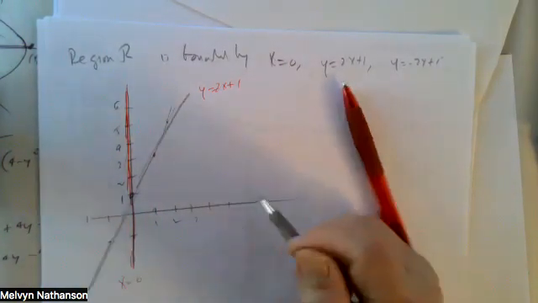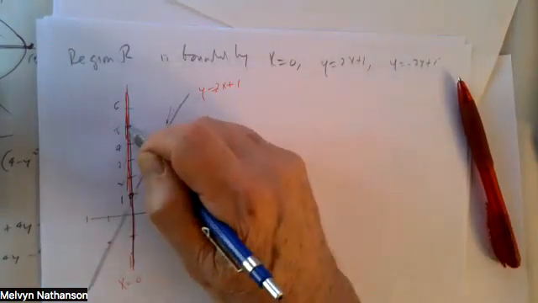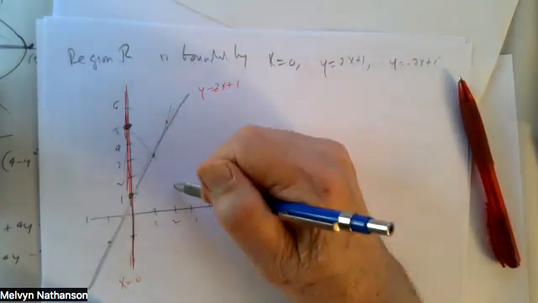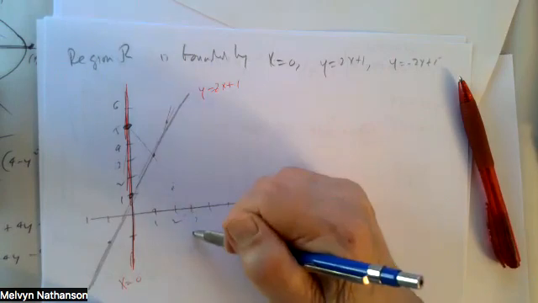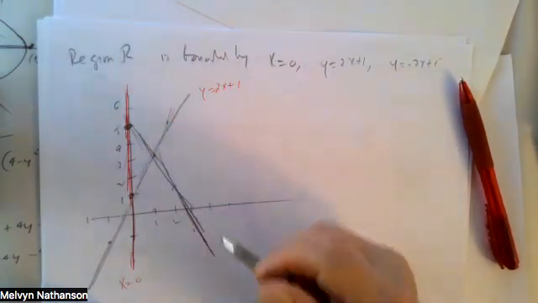Minus 2x plus 5, that's a line with y-intercept 5 and slope minus 2. That's this line.